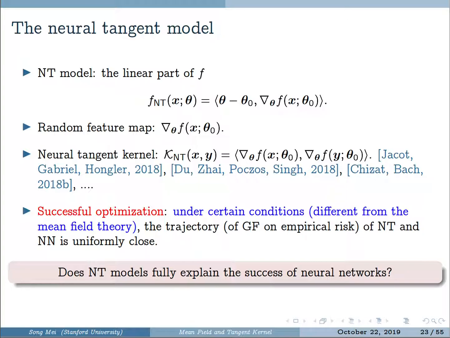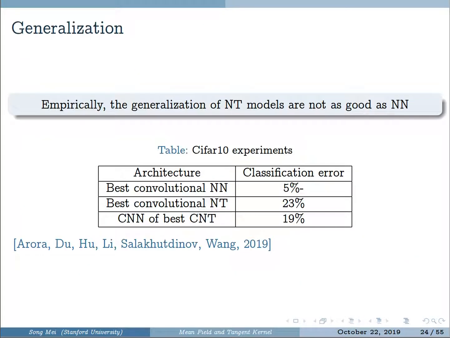So we would like to argue that this linearized model cannot fully explain the success of neural networks in terms of their generalization. Empirically, the generalization of these neural tangent models is not as good as the fully trained neural networks. Here is the data from CIFAR-10 experiments. In the group of Sanjeev Arora, they train CIFAR-10 using convolutional neural networks. The best convolutional neural network gives a classification error as low as 5%.